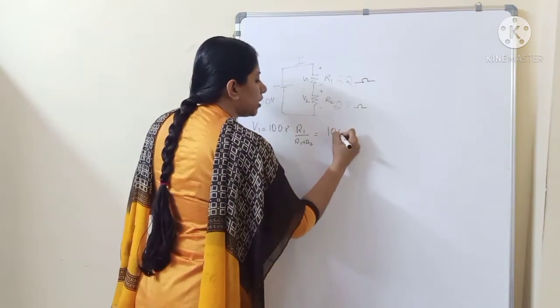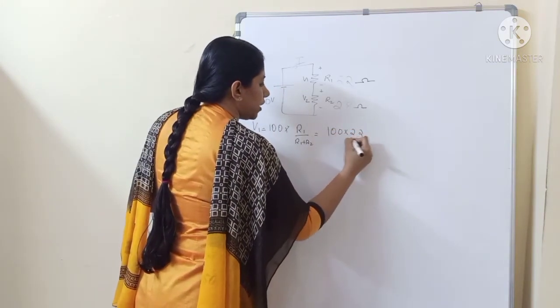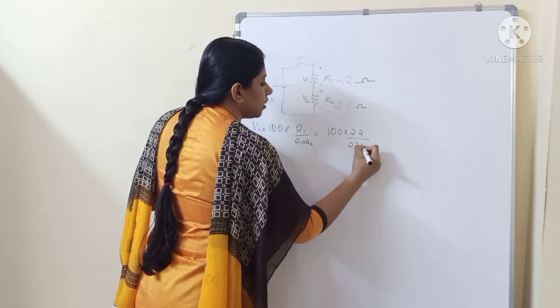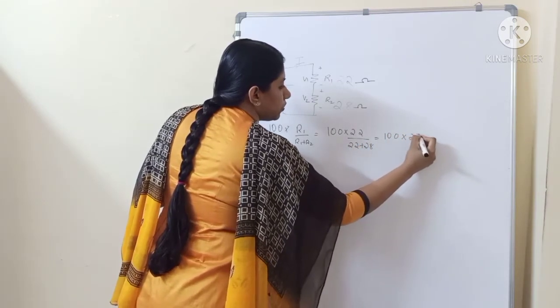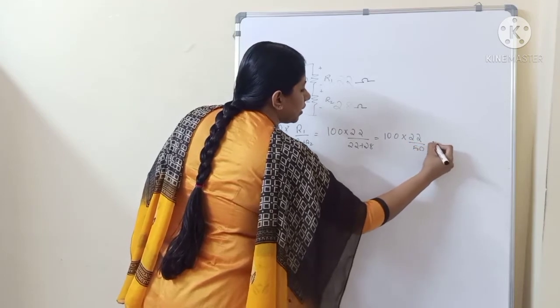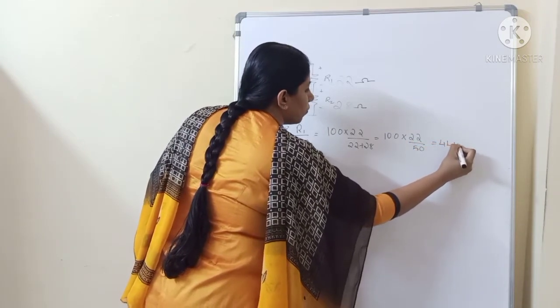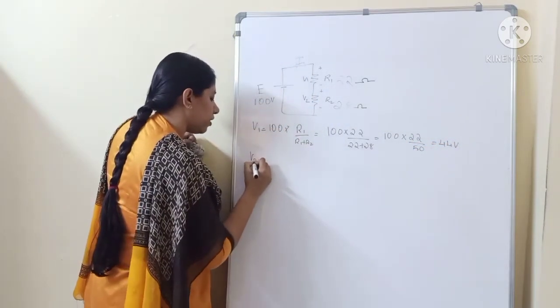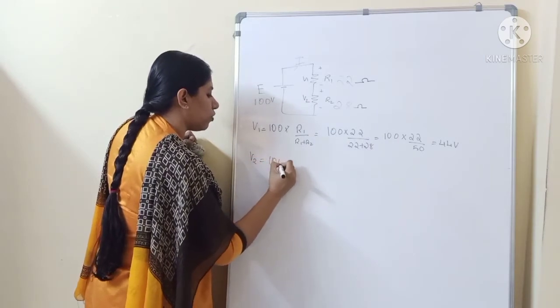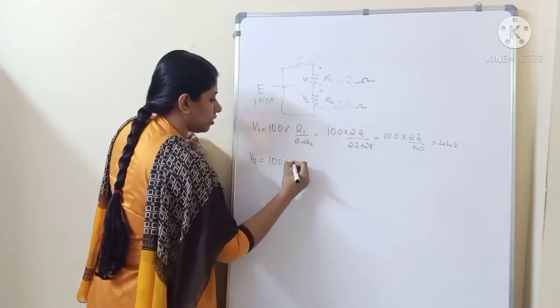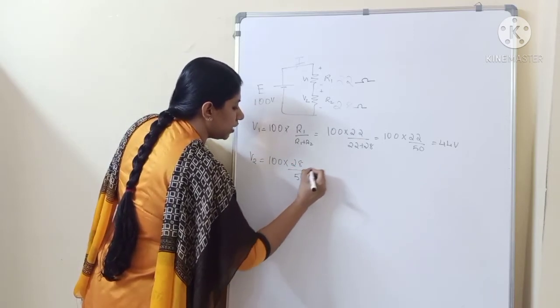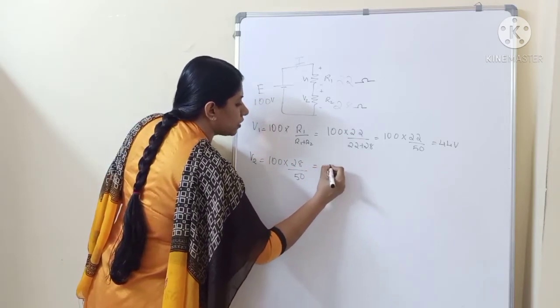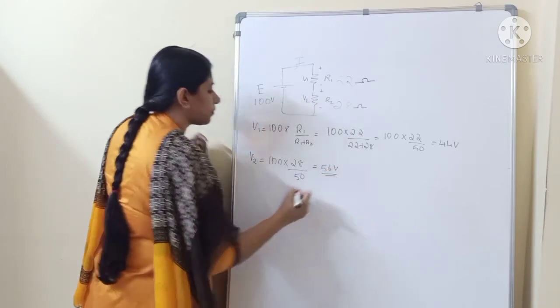So it will be 100 into 22 divided by 22 plus 28, that is 100 into 22 divided by 50, which is equal to 44 volt. Similarly, V2 by the voltage divider rule is main voltage into 28 divided by total resistance 50, and this will be equal to 56 volt.